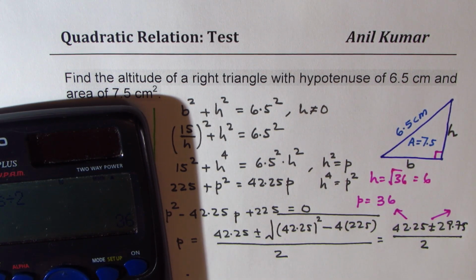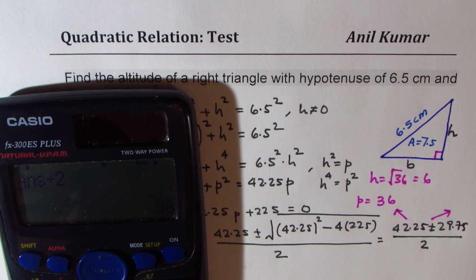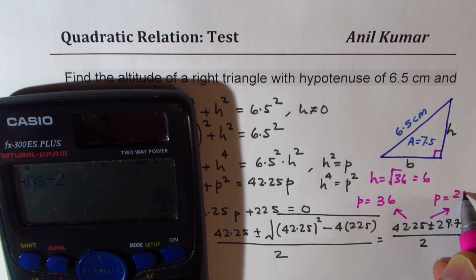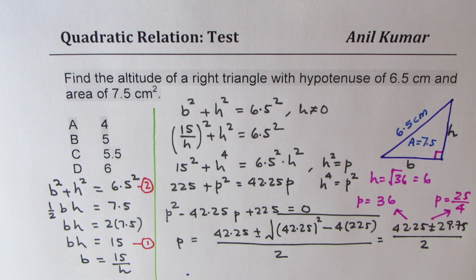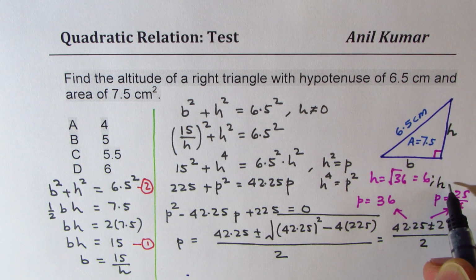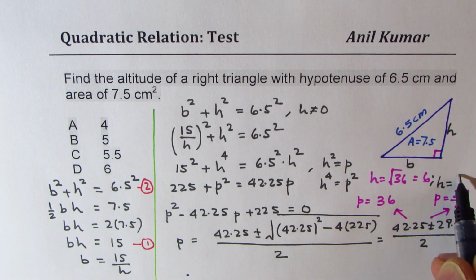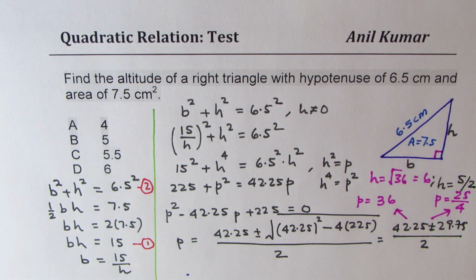Now let's calculate the other one also, which is 42.25 minus 29.75, divided by 2. That gives you a fraction which is 25 over 4, and this fraction is a perfect square also. So it gives you height h, the square root of this, as 5 over 2, which is 2.5.